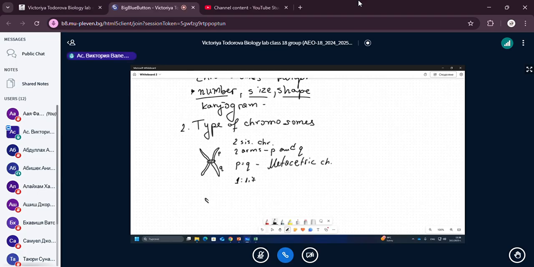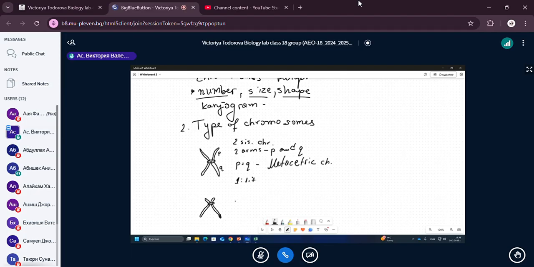The next type of chromosome, this is not sharp, okay, again with the centromere here.